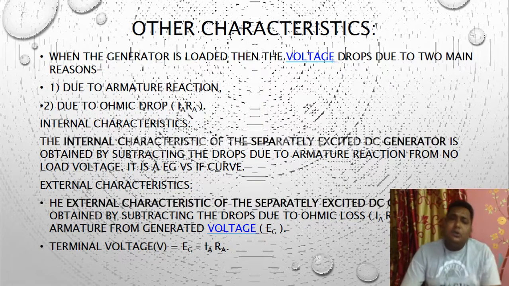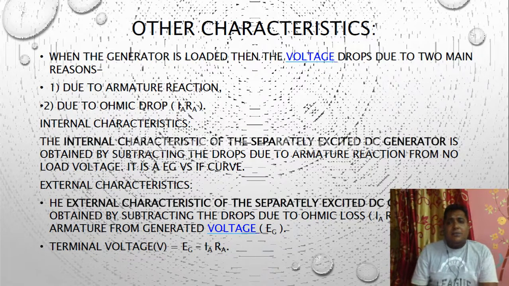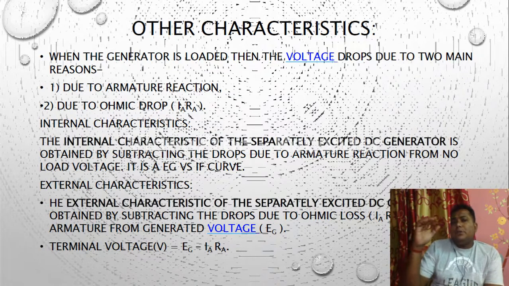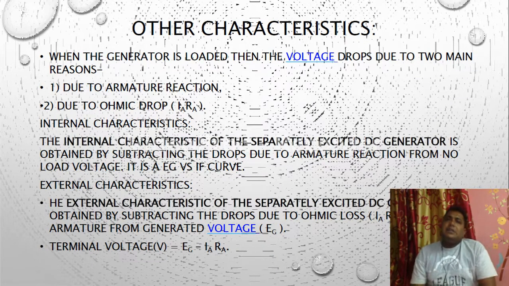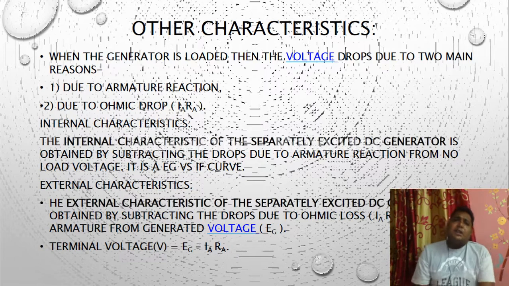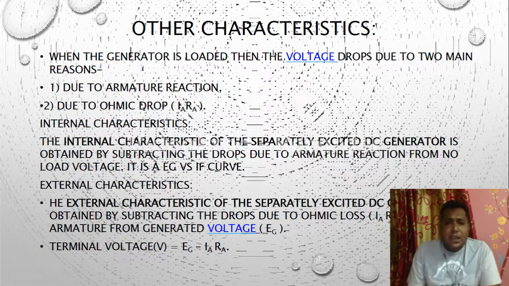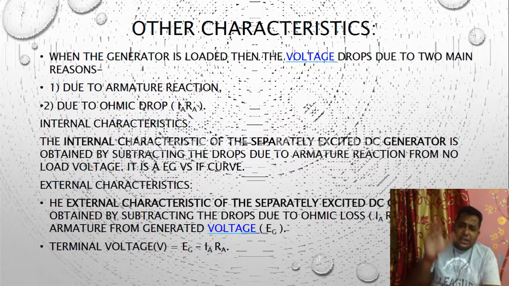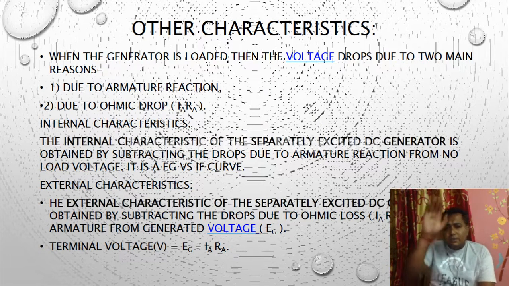When we connect some load on the secondary side, or make some short on the secondary side, there will be armature reaction. Due to that armature reaction, some main field flux is destroyed, and that affects the output of the generator. So the generator output is going to decrease.